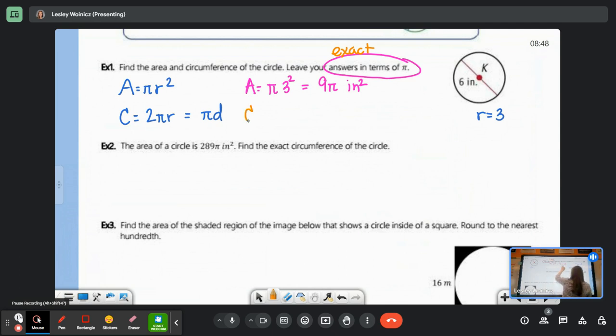All right, circumference. So 2 times our radius, which is 3, with a pi. So 6 pi inches.